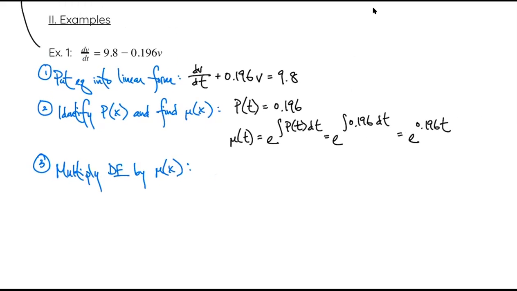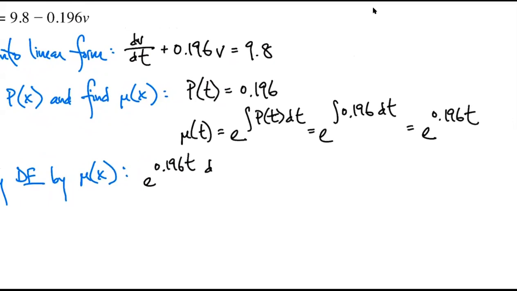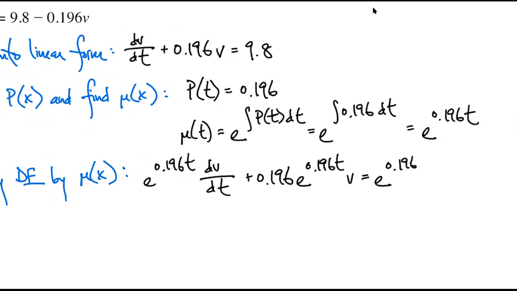And so we'll get e to the 0.196t dv/dt plus 0.196 e to the 0.196t times v equals e to the 0.196t times 9.8.